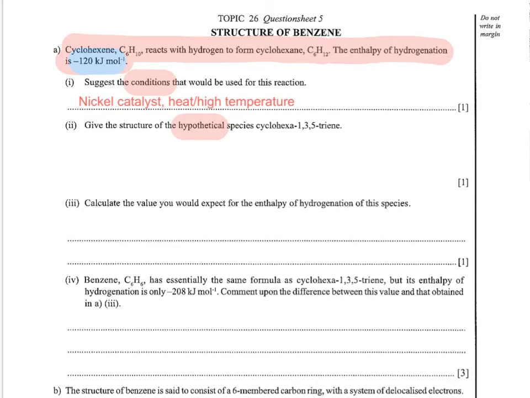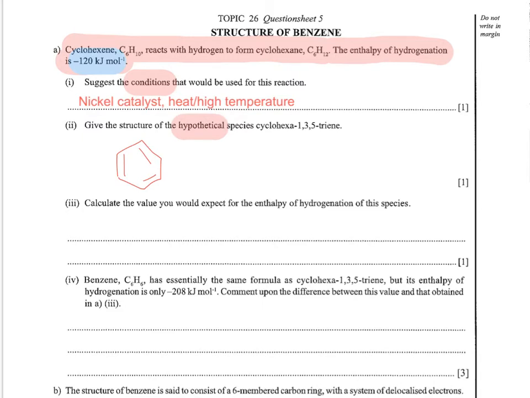There are 3 carbon-carbon double bonds because it says tri, and ene means that there are carbon-carbon double bonds in the first place. So it's obviously going to be something like this. Seem familiar? It should do, because it's the Kekule structure, isn't it, from this very same clip.